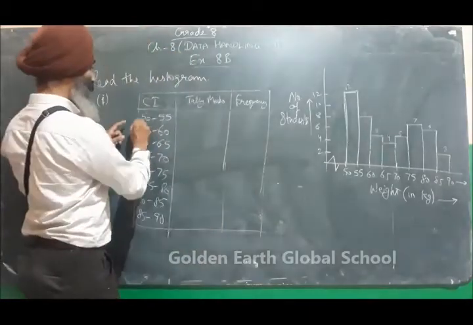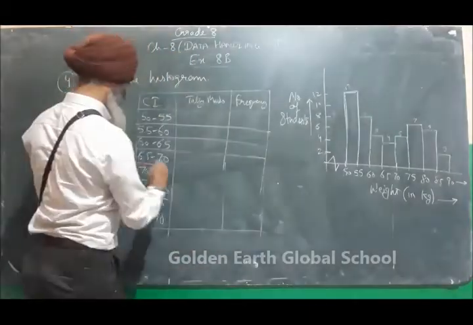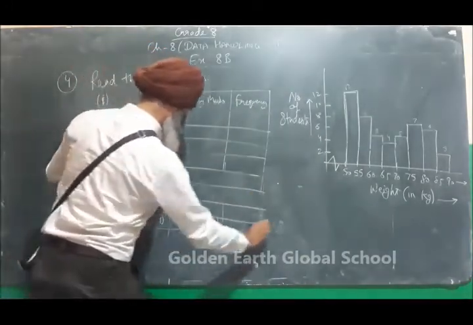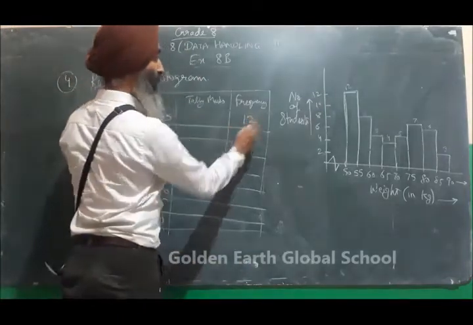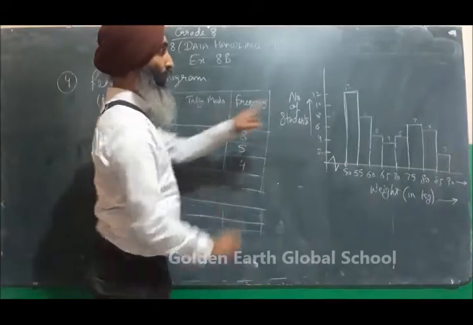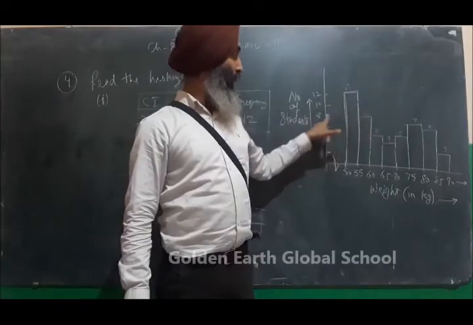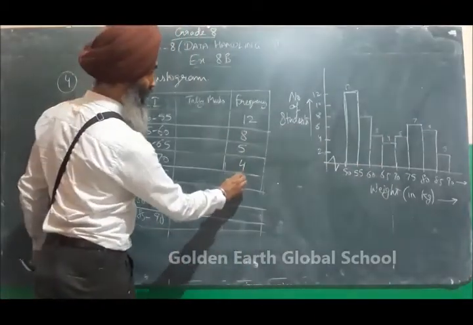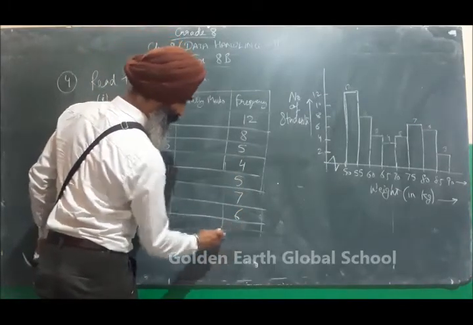Now how many are there? First of all, write down the figures and make the table like this. Now 50 to 55 has 12, then 8, then 5, then 4, as is clear from the graph. So write down the figures like this: 7 and 6 and last is 3.